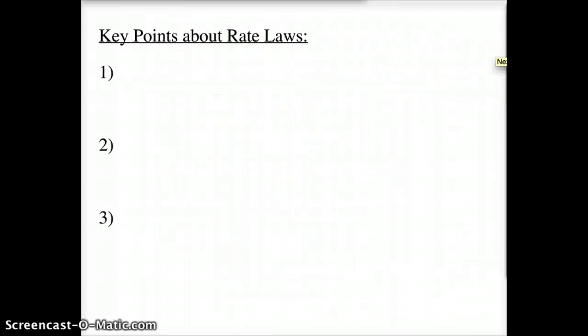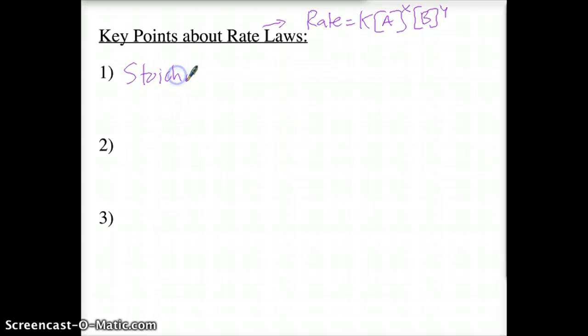Other thing, a few key points about rate laws, okay? So remember, the general form of the rate law is this. Rate equals K times the concentration of one of your reactants to some power times the concentration of another reactant to a different power, okay? The stoichiometry, meaning the coefficients, do not matter.